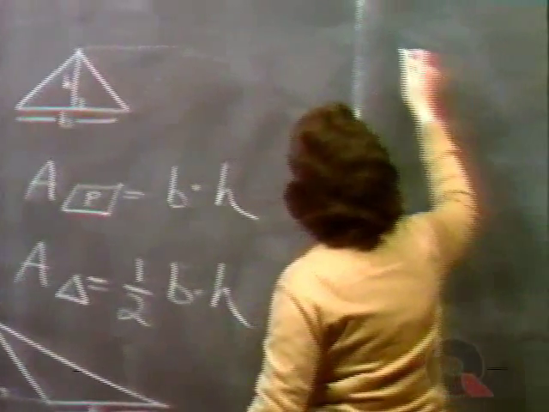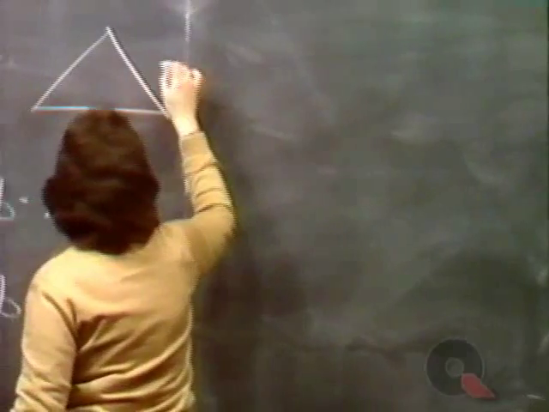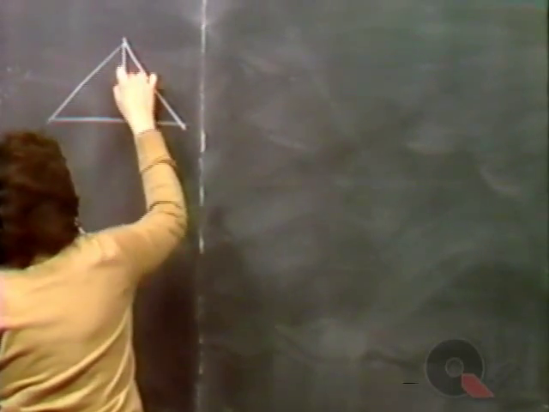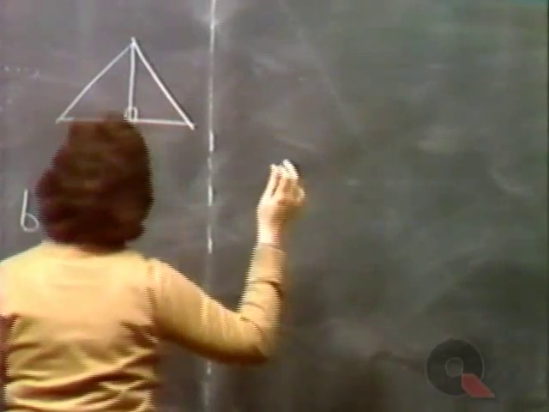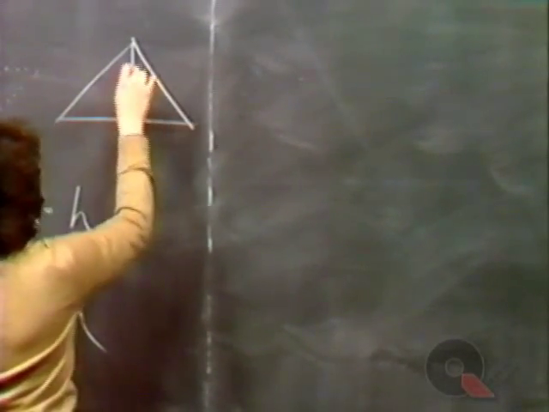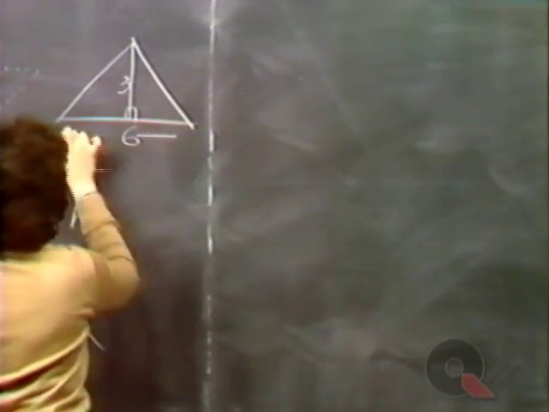Okay, let's look at a typical example. Let's say this is the altitude, which has length 3, and the base here has length 6.